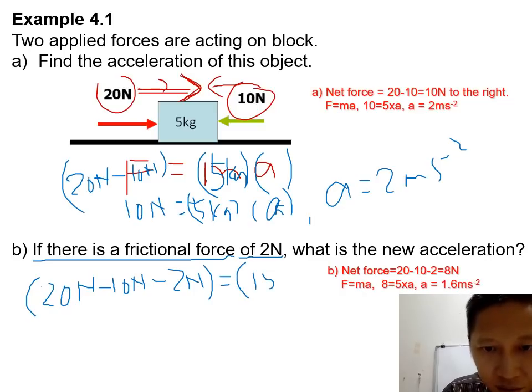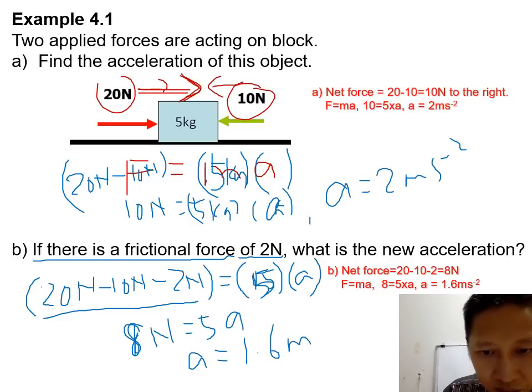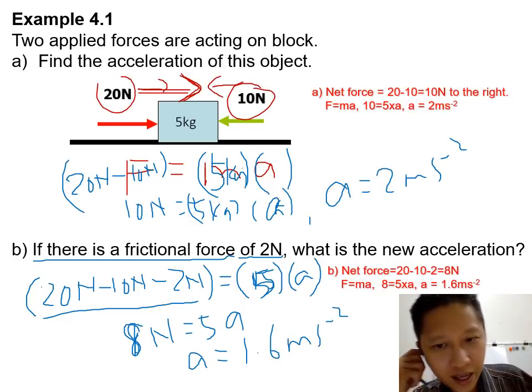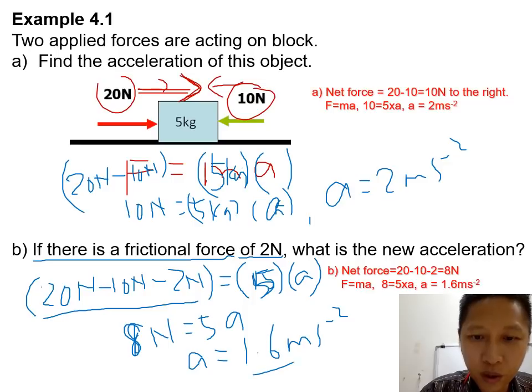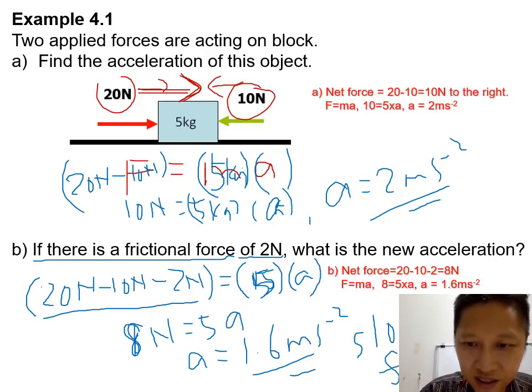Sorry, it should be 5 kg here. 5 kg times the a, which we don't know. The net force is now equal to 8. So we get 8 equals 5 times a, so a equals 1.6 ms^-2. When we compare those two, we realize that it becomes slower. Why? Because of the friction.